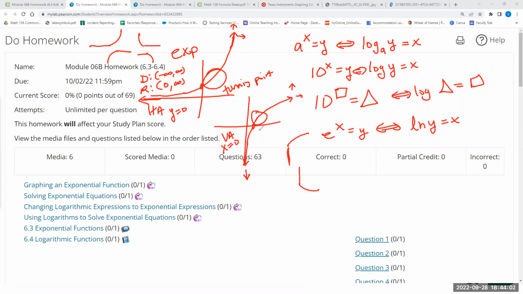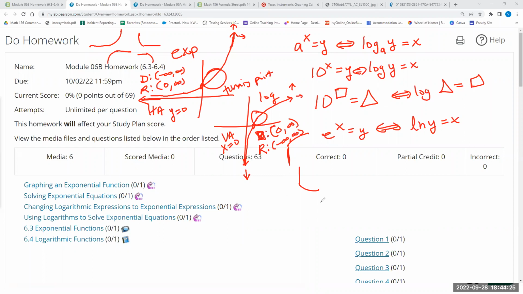And for the logarithm, it switches. So the domain would go from 0 to infinity, and the range would be all real numbers. Generally, the endpoint of the domain for the logarithm is wherever the vertical asymptote is; those are going to match up.